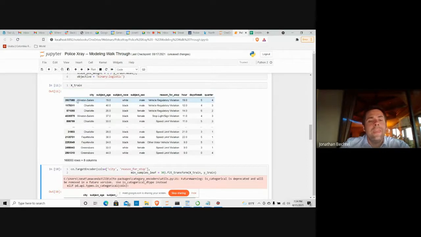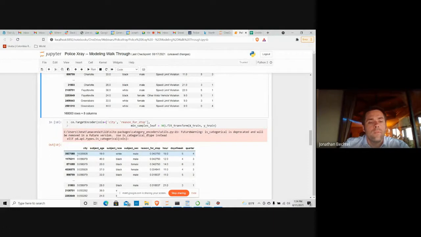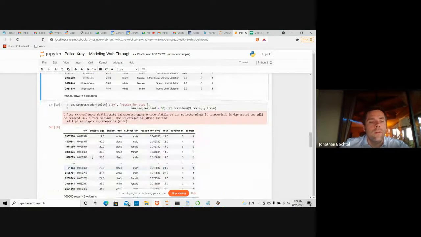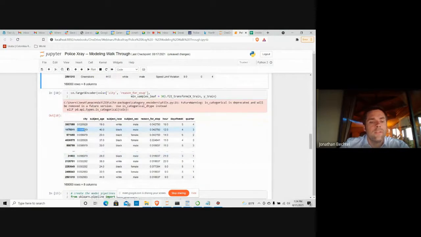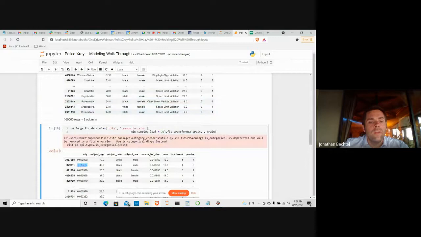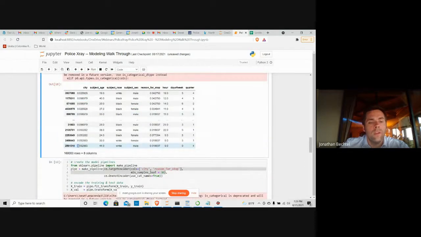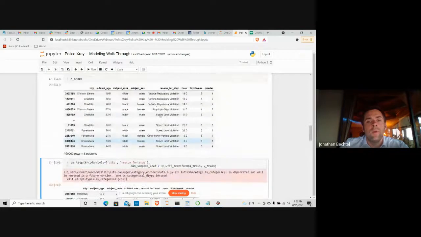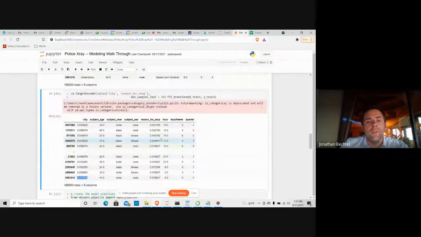It means the average search rate in Winston-Salem was this number. And then the average search rate in Charlotte was 0.056979. And then the average search rate in Greensboro was this one right over here. And likewise, the average search rate for people who get pulled over for a vehicle violation is 0.04.